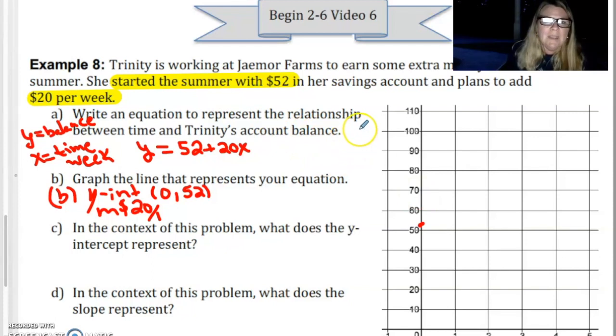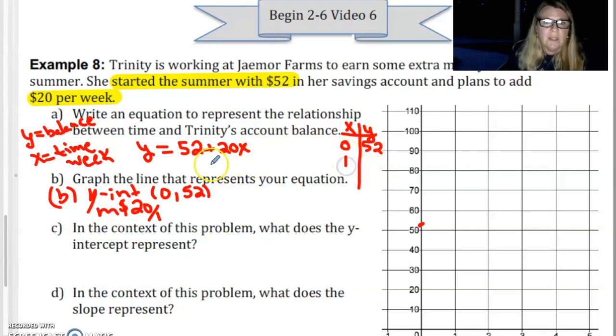So it might be useful to get a few points to make sure we get the right ones. If we had 0 weeks, what she started with was 52. That's our y-intercept, (0, 52).